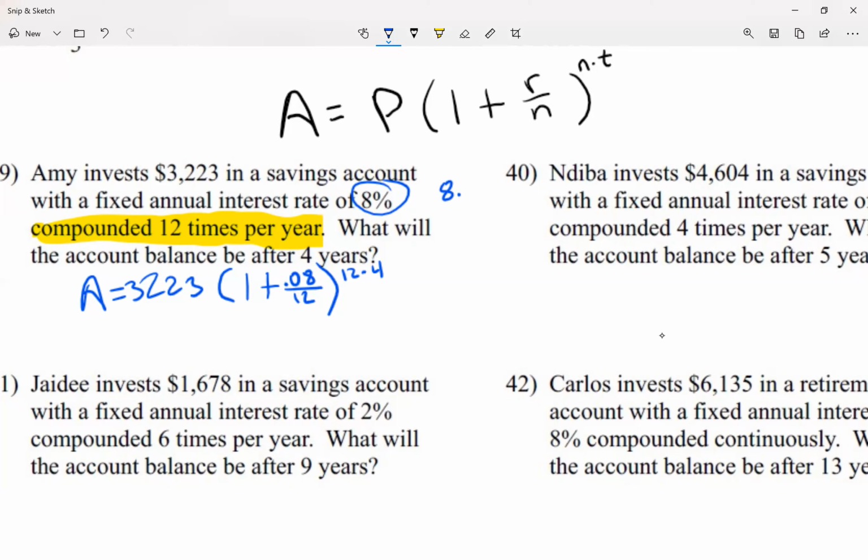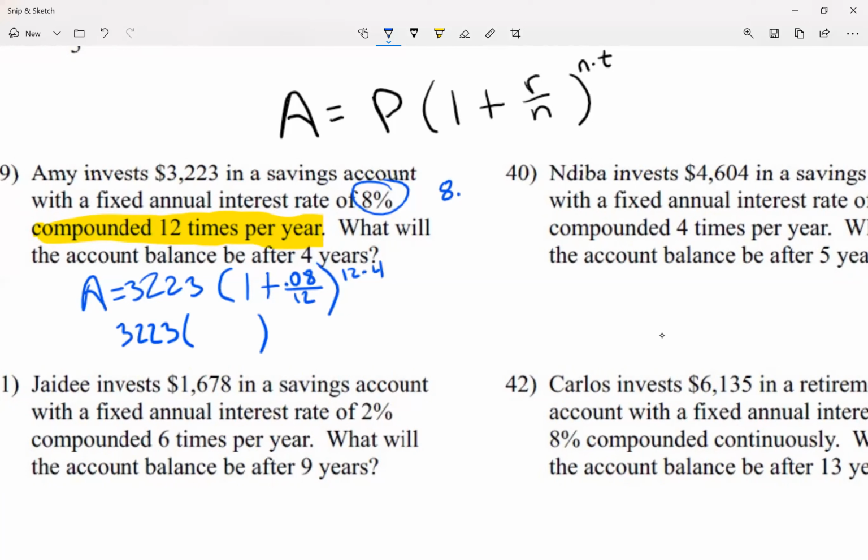All right. So let me work this out. The 3,223, to be honest, I'm not going to work on that just yet. Let me work the parentheses first. So I see 1 plus a fraction. A fraction is basically division. I learned my order of operations, right? Either GEMS or PEMDAS, however you guys use it.